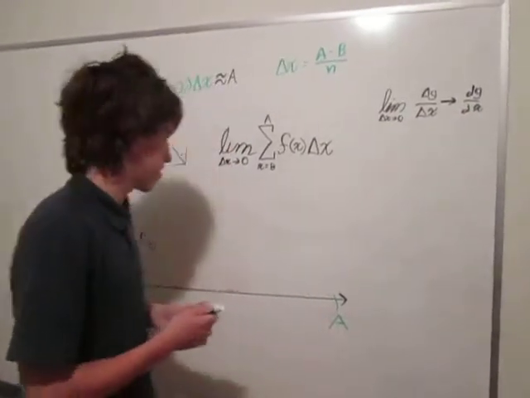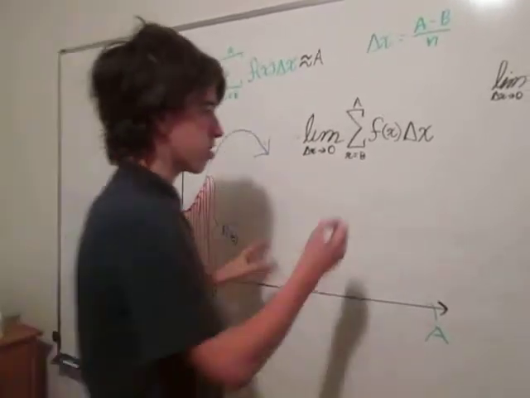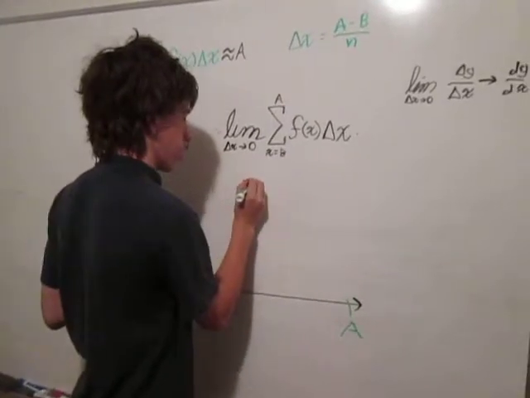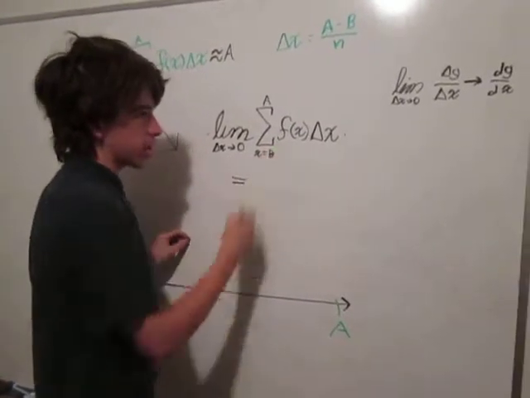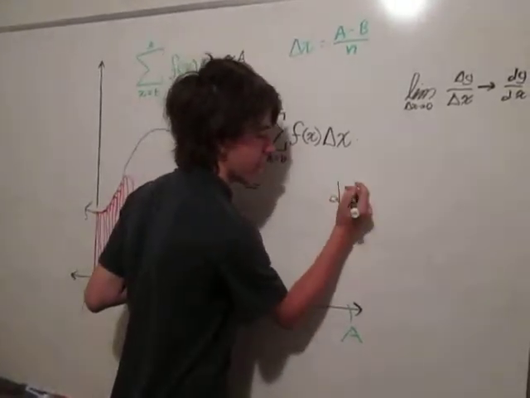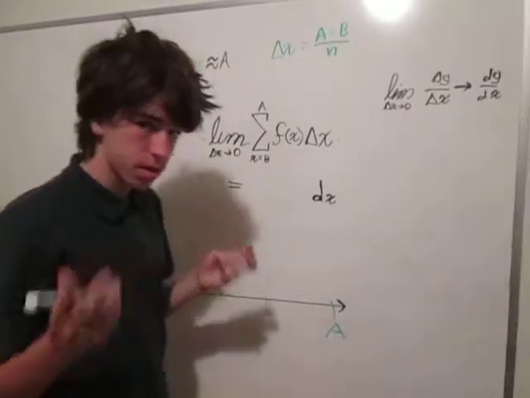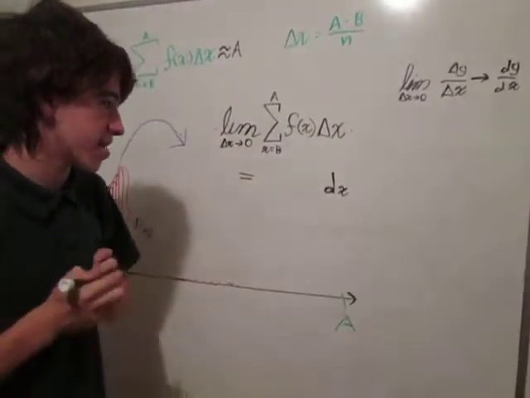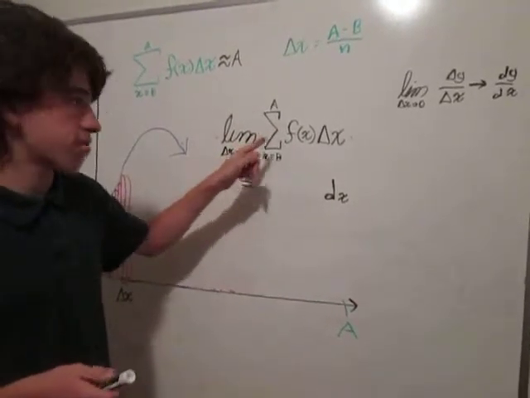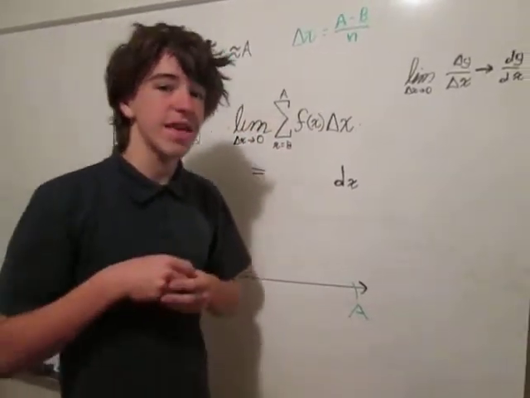We get an infinitesimal change in y over an infinitesimal change in x. That's what that means. So if delta x is getting to 0, this could be equal to, let's do it like what we did here, delta x is going to be dx, which means a tiny x. It's still an operator, but we can represent it as dx. Now, when we use a summation of something as another thing goes to 0, what we're doing is taking the integral.